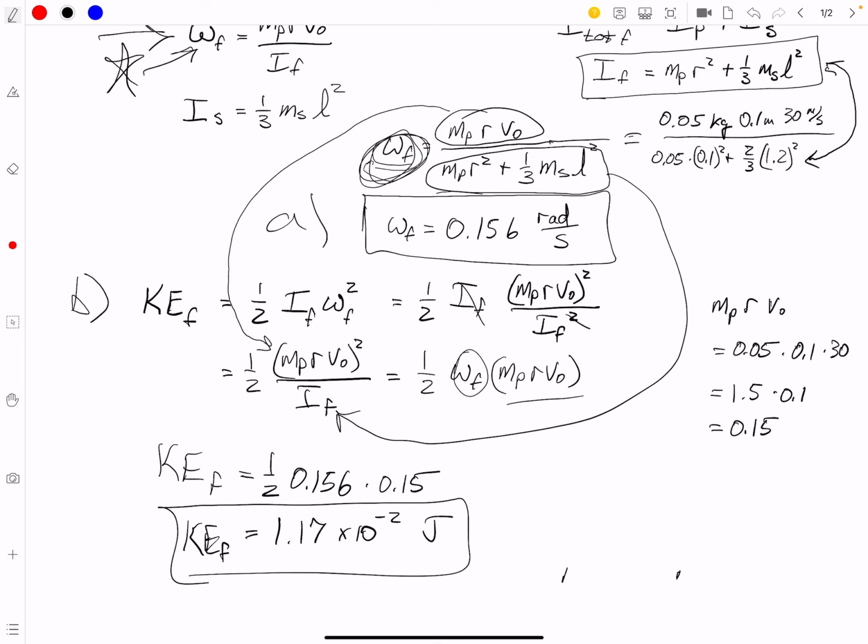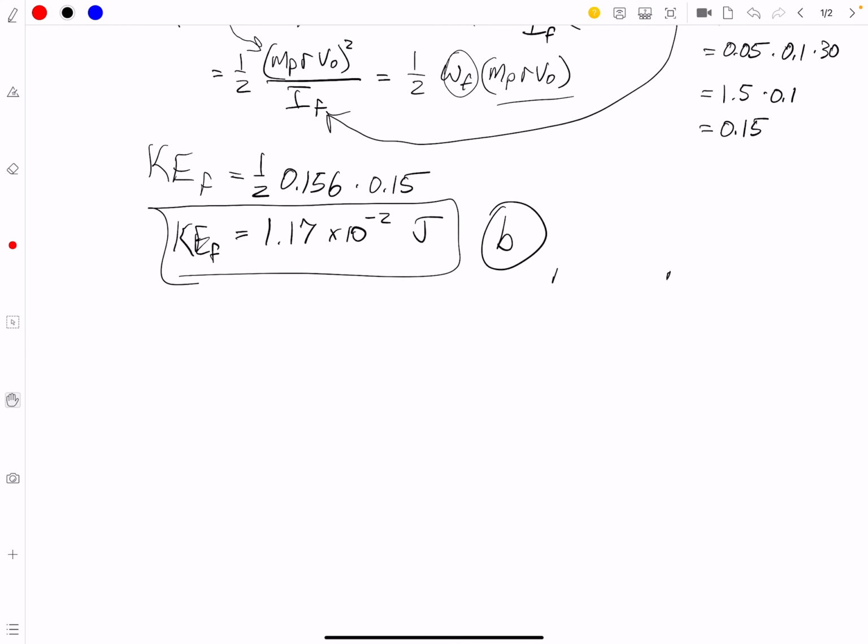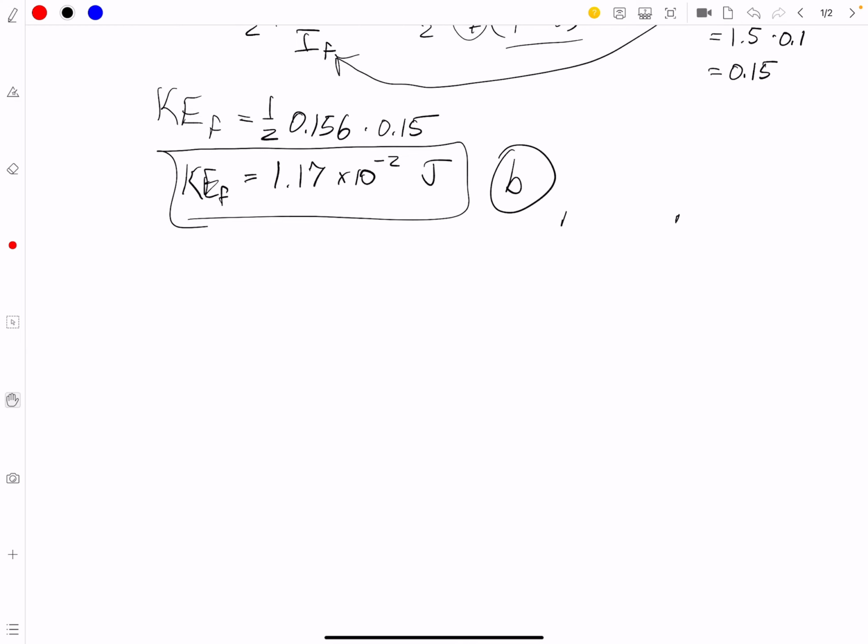Okay, and that's B. Alrighty then. We've now done B. Let's move up a little bit here, and we'll erase these little guys.